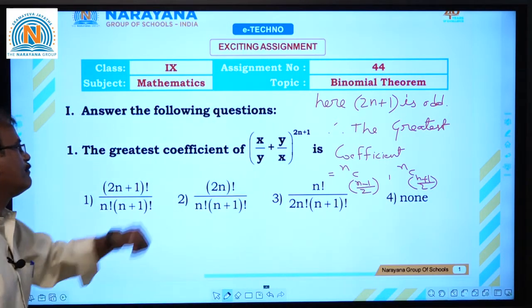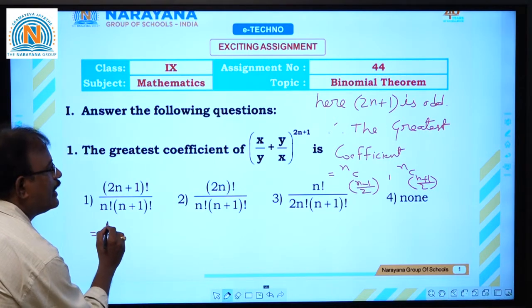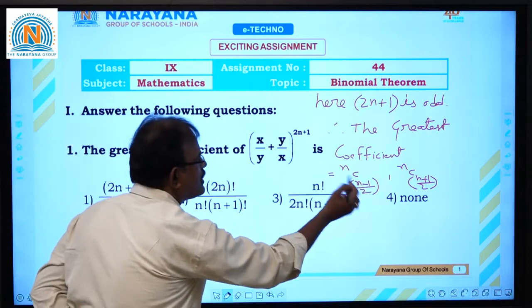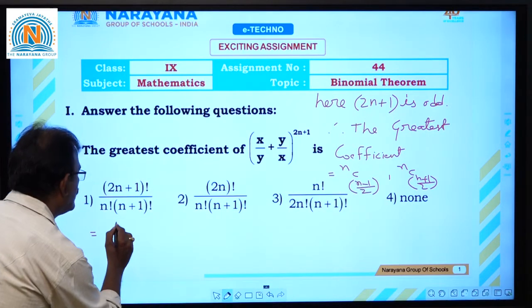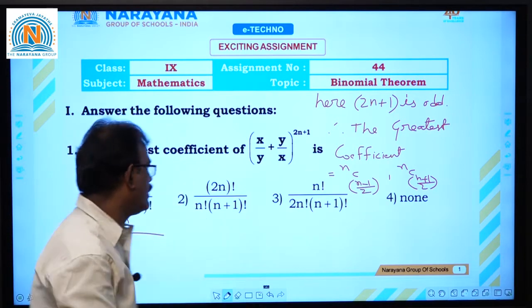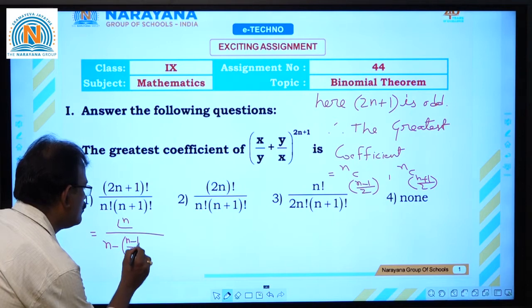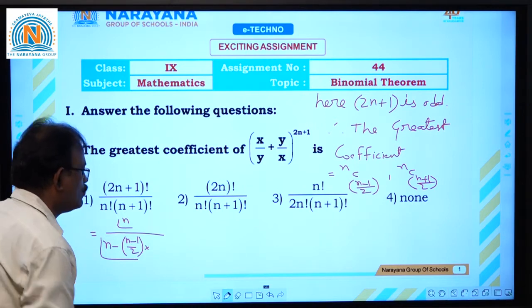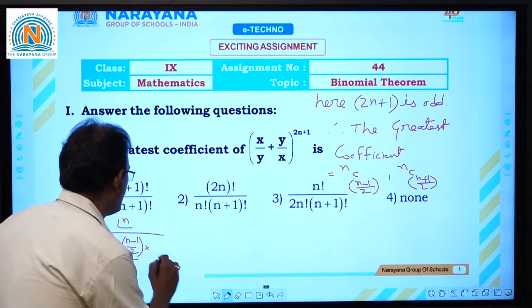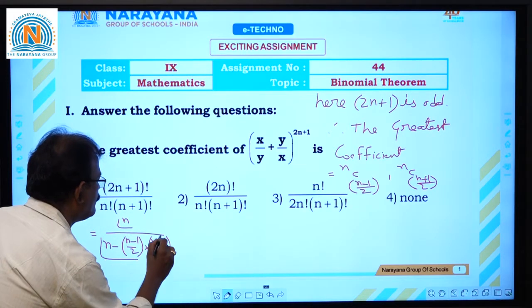Okay, so let us simplify this. This is in the form of nCr, which as you know is n factorial by (n-r) factorial into r factorial, here with r = (n-1)/2.